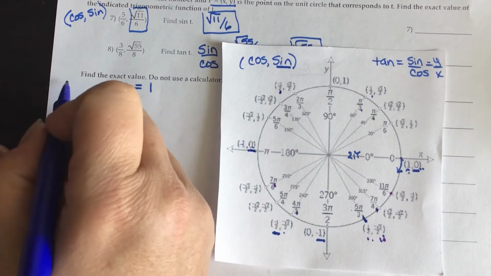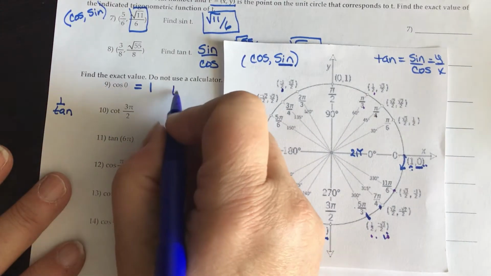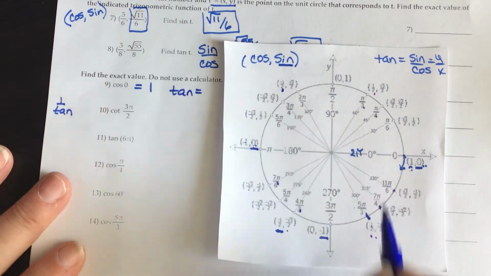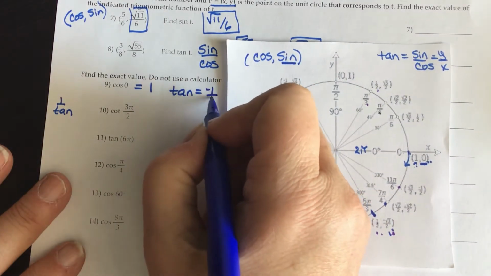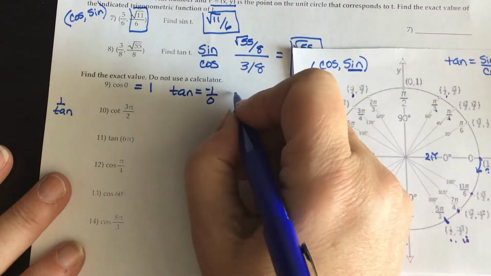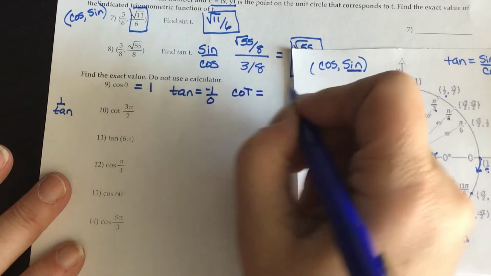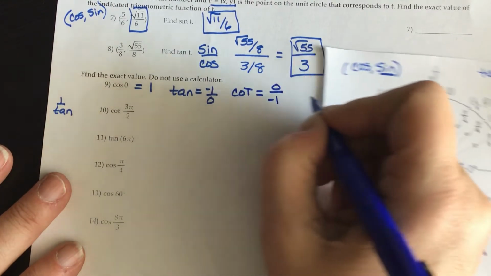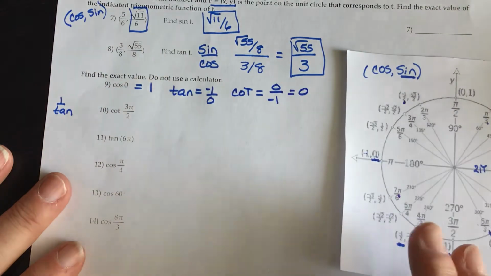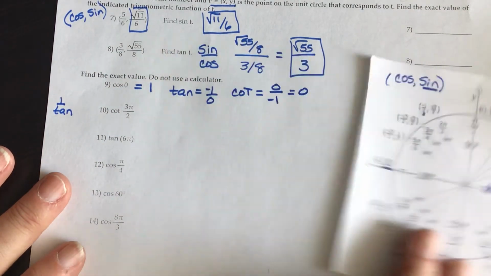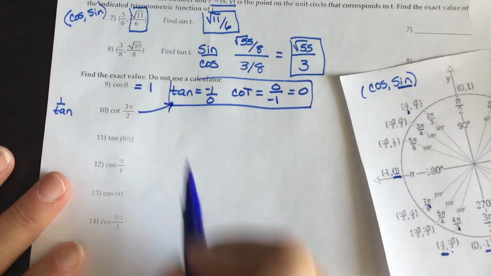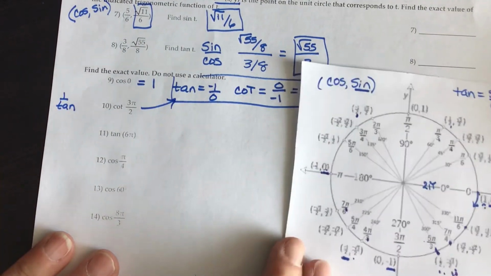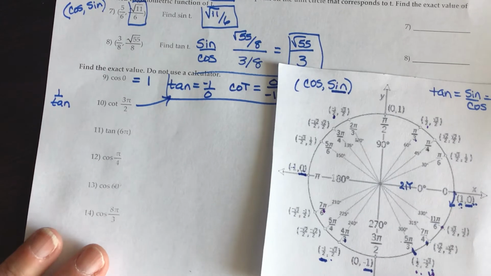So tangent, I'll write it over here, tangent is -1 over 0. So cotangent is going to be the reciprocal, which is 0. That's there.